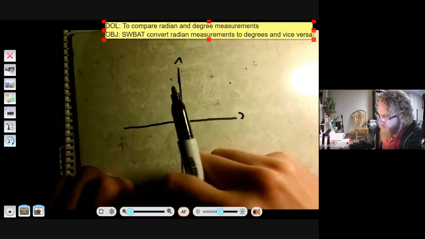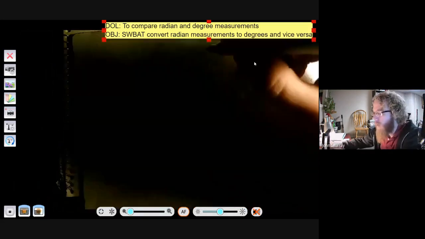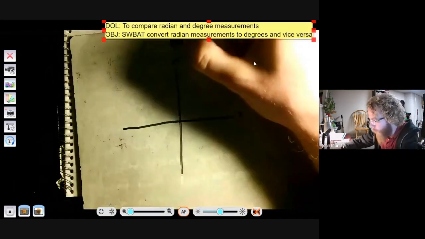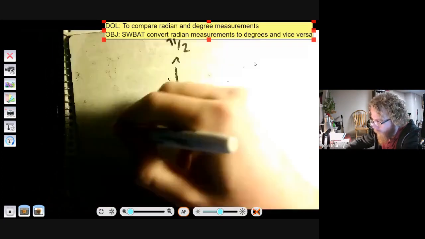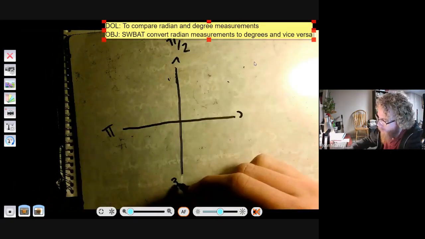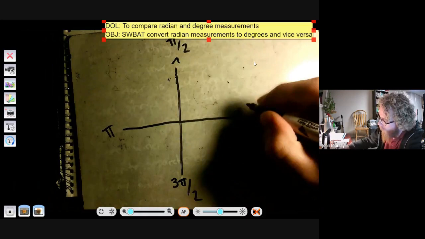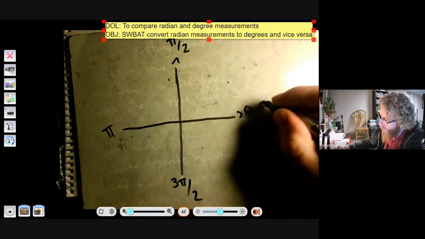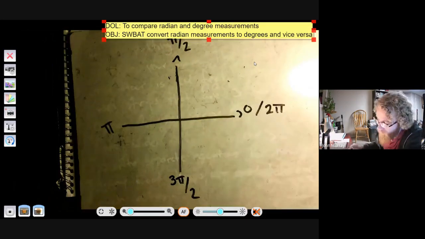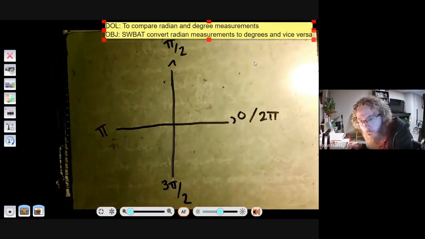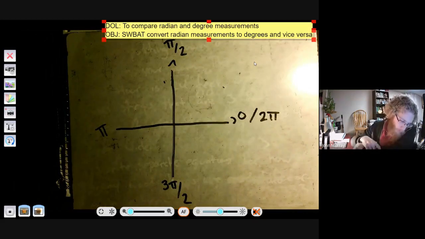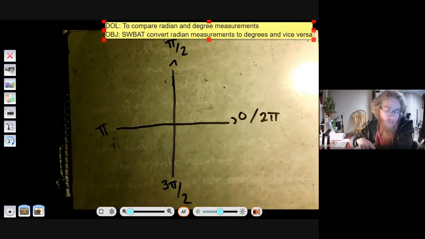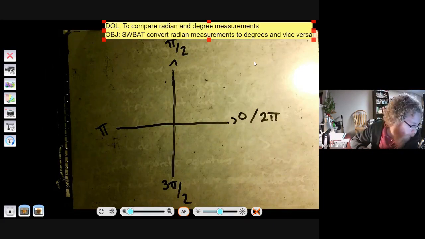So here we have our XY axis. We break these up into quadrants when we're talking about plotting it on our standard position angle.